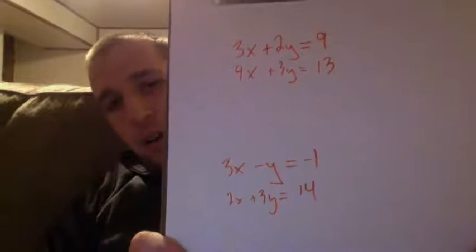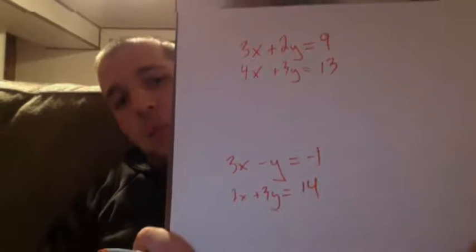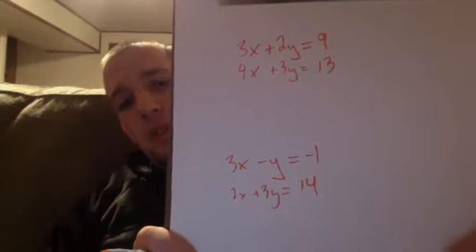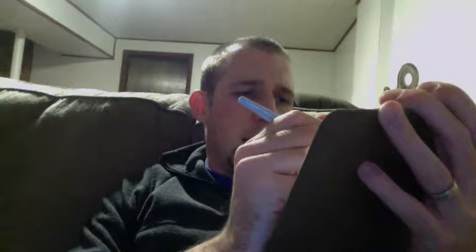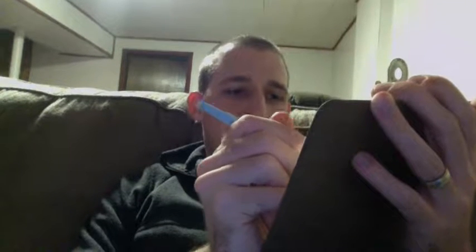The top one with elimination, the bottom one do with substitution, and we'll just kind of go from there. All right, I'm going to do my work on here. And with elimination, you guys may end up having something a little bit different than I do. That's totally acceptable.